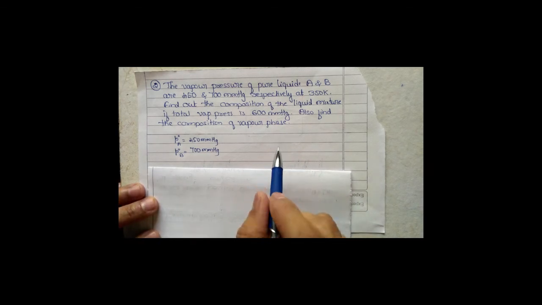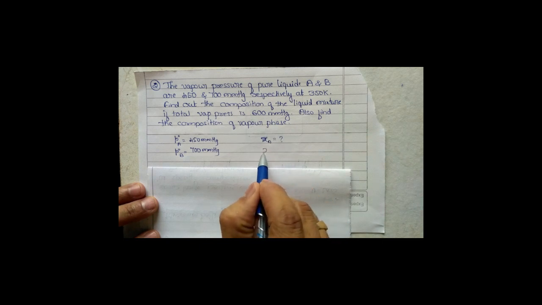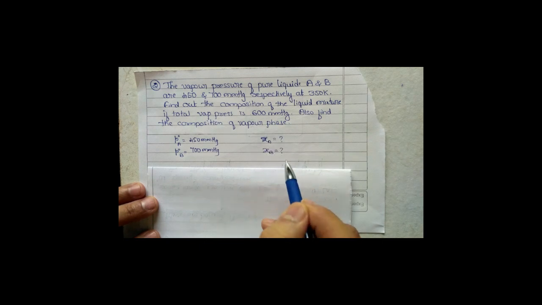Find out the composition of the liquid mixture, means what is the composition of liquid mixture, that is the mole fraction you have to find out. So we have to find out what is XA and XB. Find out the composition of liquid mixture if total vapor pressure is given.